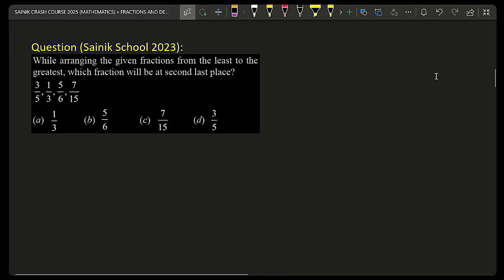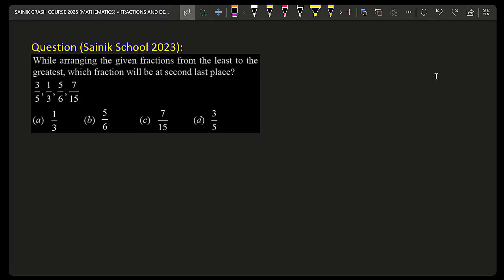Manaswini, can you explain the solution? Sir, option C. I don't want the answer, I want the explanation. Sir, first you arrange the given fractions in ascending order.